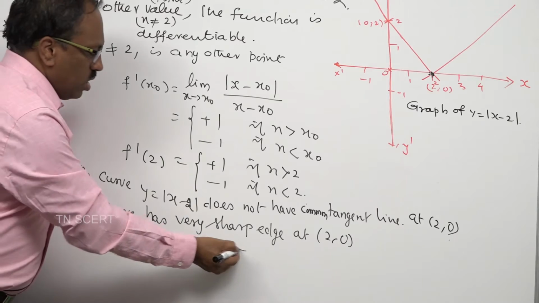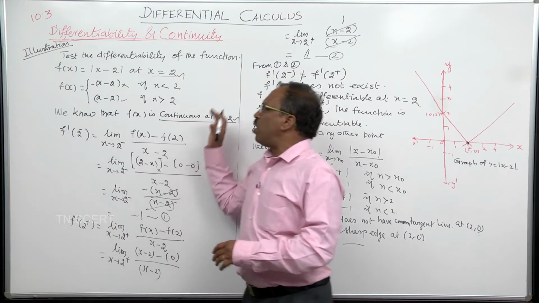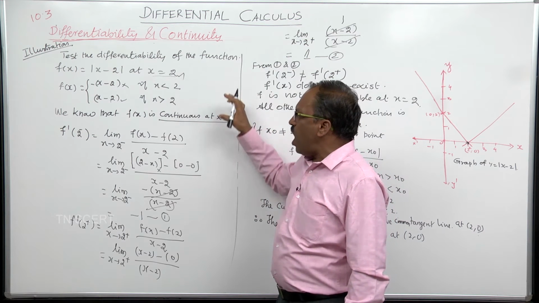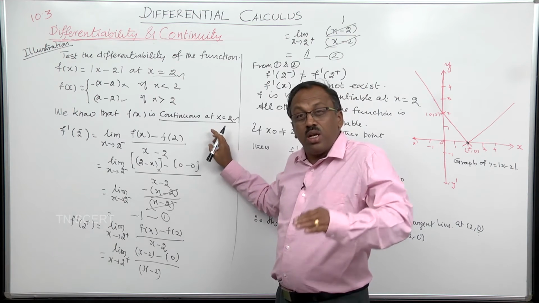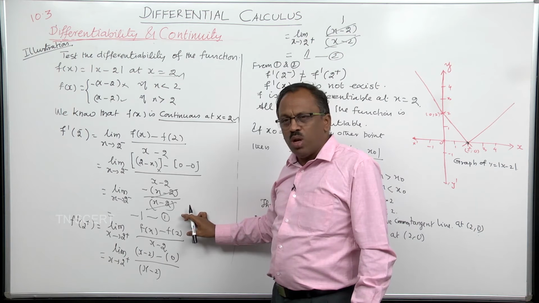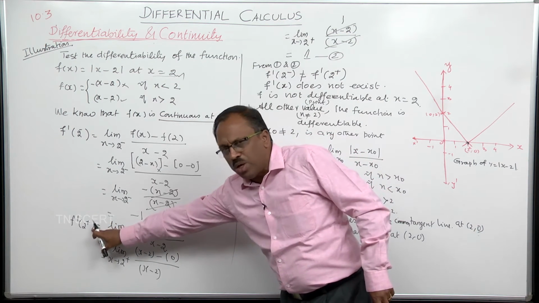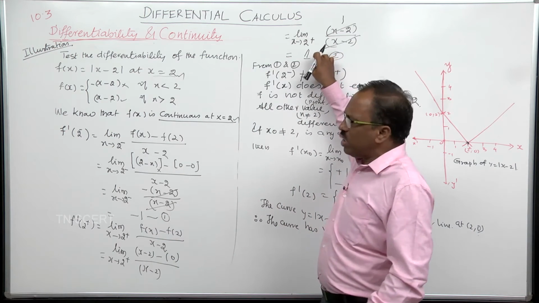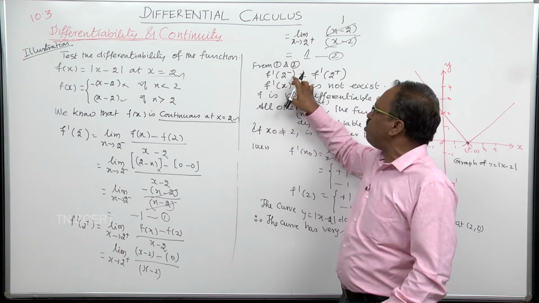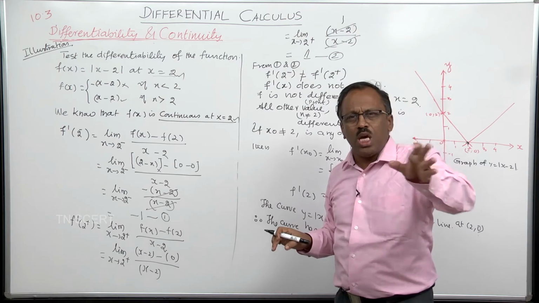This problem is over, but let us recap what we noticed. First, we defined the function and took it as continuous at x is equal to 2. We took the definition and found the left limit, then took the other definition for the right limit at 2 plus, and found the result. Comparing these two results, f dash of 2 minus and f dash of 2 plus are not equal.